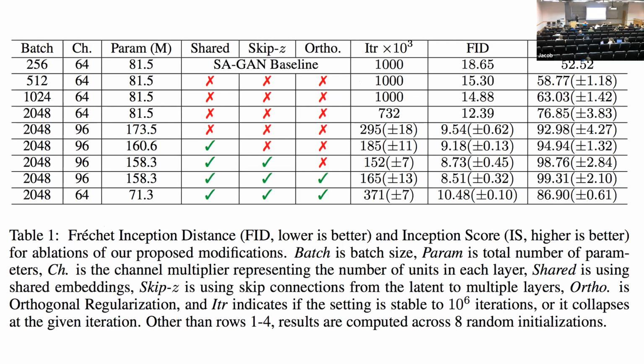So now with that in mind, these are some scores on Fréchet inception distance in the second to last column, and inception score in the right column. The right column, higher is better. Left column, lower is better.